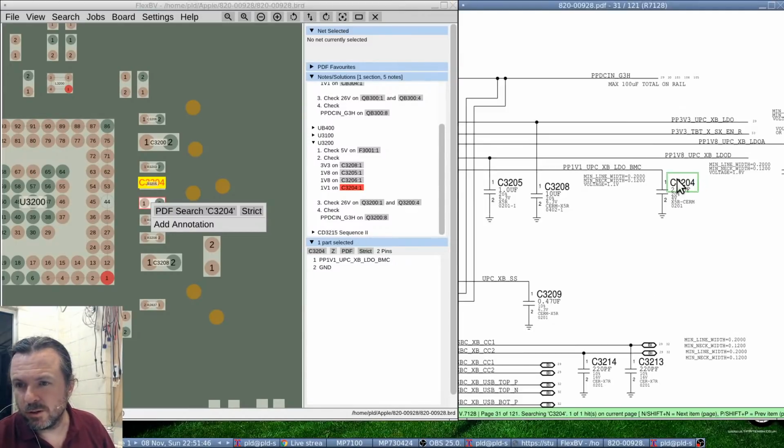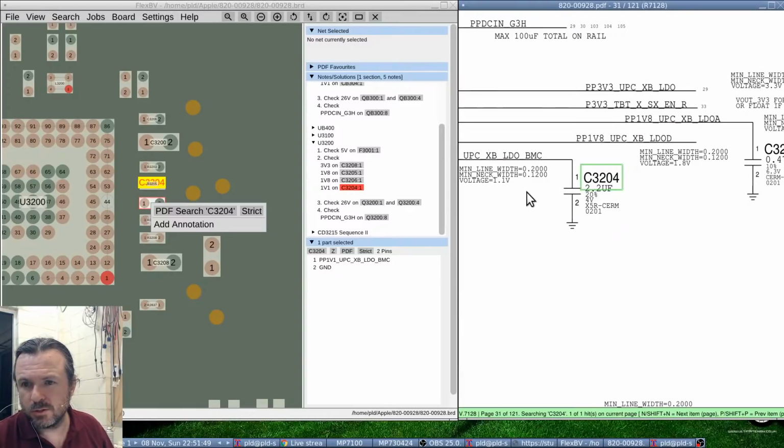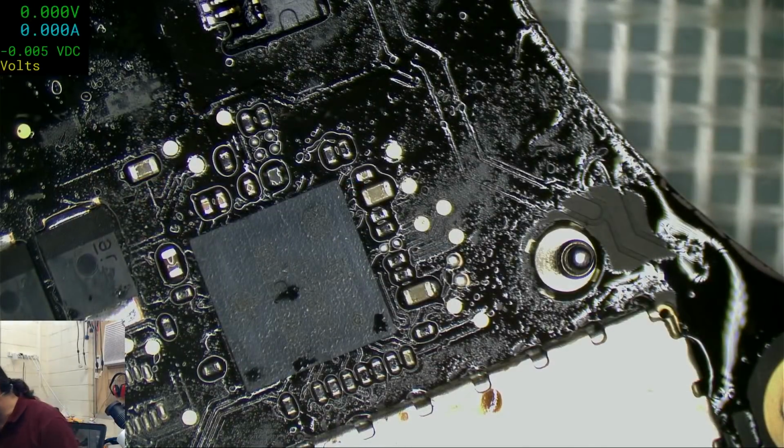So what is it? It's a 2.24 volt. Sorry, I realise you guys didn't get to see it. 2.24 volt 201.